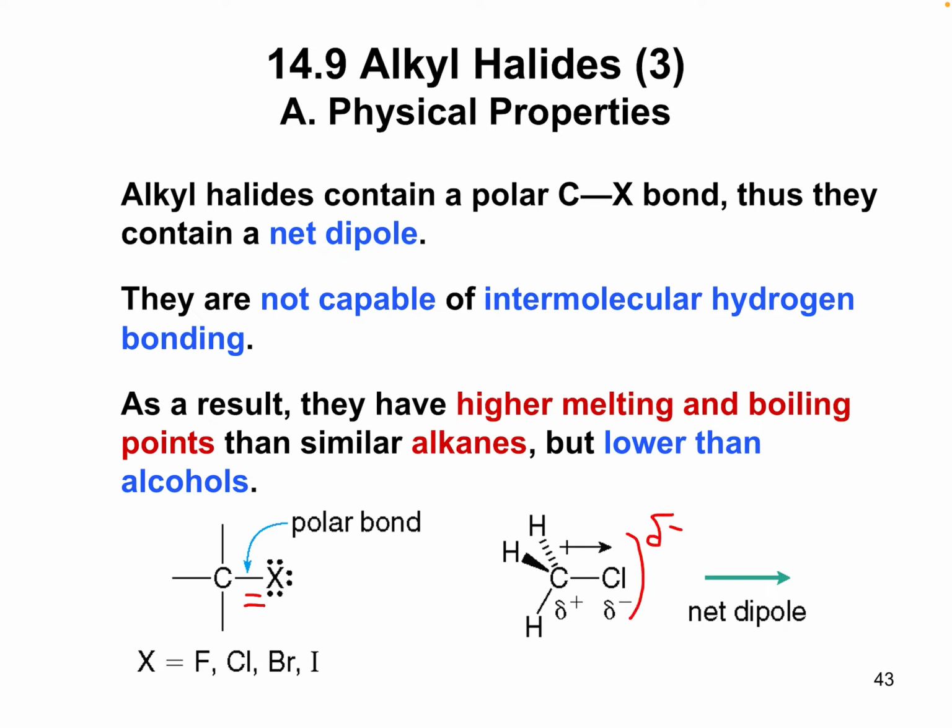So the halogen side of that molecule will be slightly negative, and the other side of that molecule would be slightly positive. So because alkyl halides are polar, they have higher melting and boiling points than alkanes, which are nonpolar, but lower melting and boiling points than alcohols that have hydrogen bonding, the strongest kind of intermolecular forces, all right?